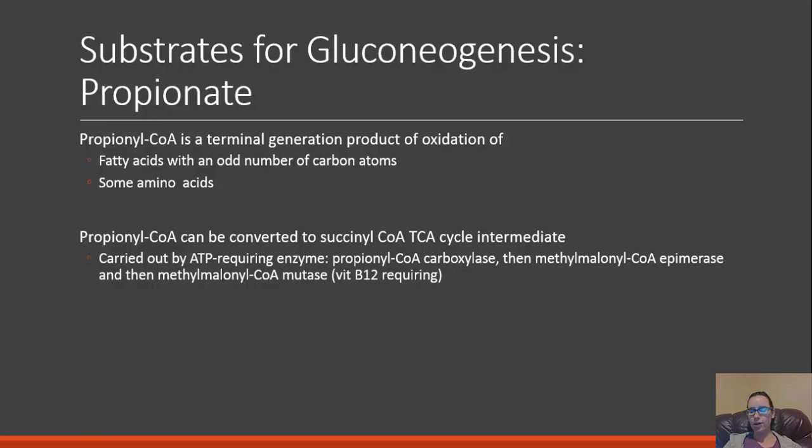There are actually a number of steps in this process where we convert propionyl-CoA to succinyl-CoA. One of these enzymes uses vitamin B12 as a cofactor. And then, once propionyl-CoA is converted to succinyl-CoA, it can enter the TCA cycle at that step.